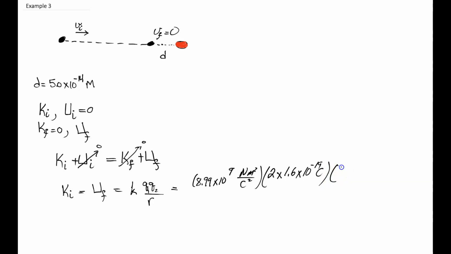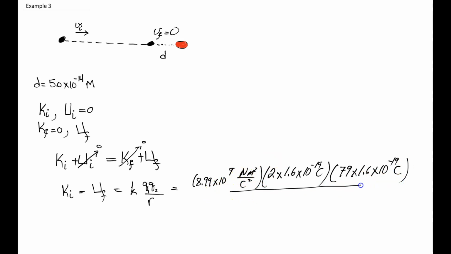The second one is the nucleus of the gold, which has 79 charges of that of the electron. And we're just taking absolute values here.